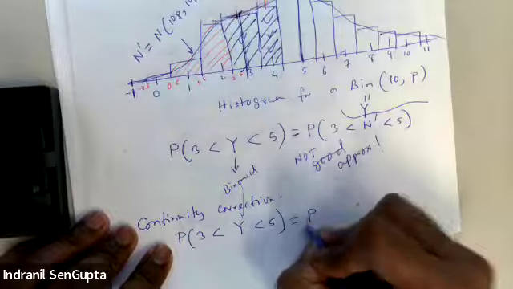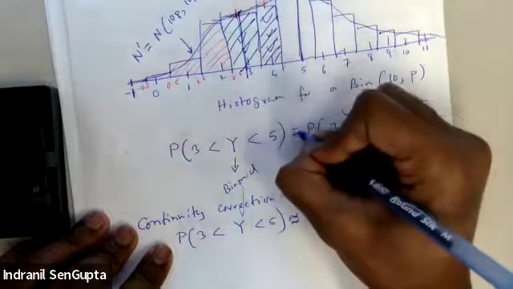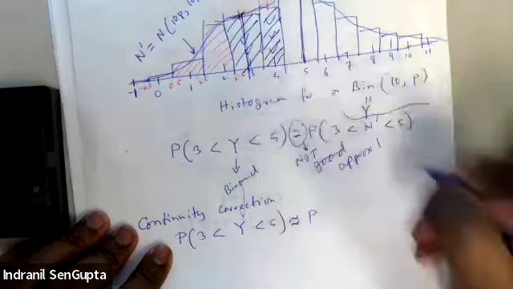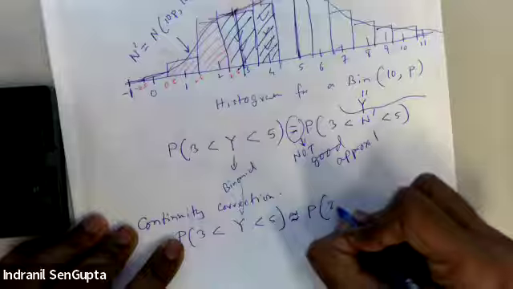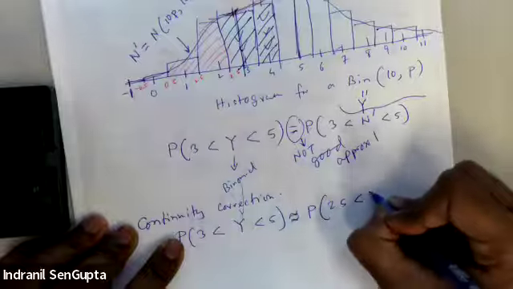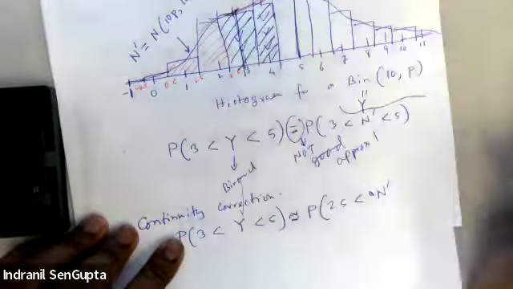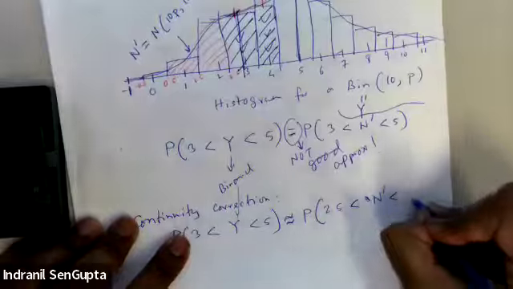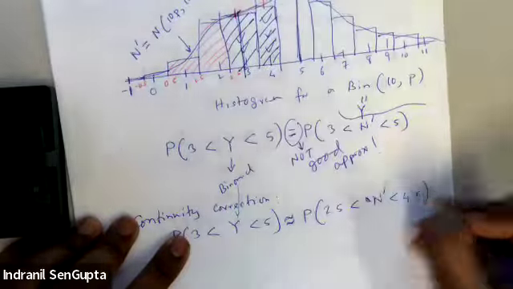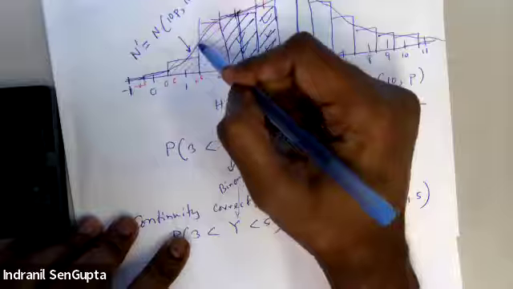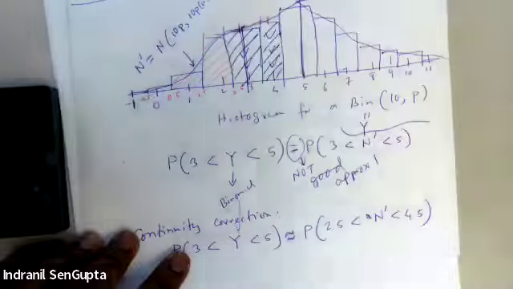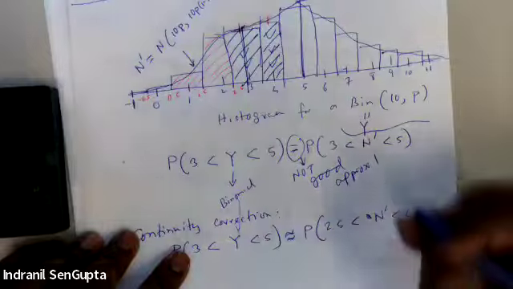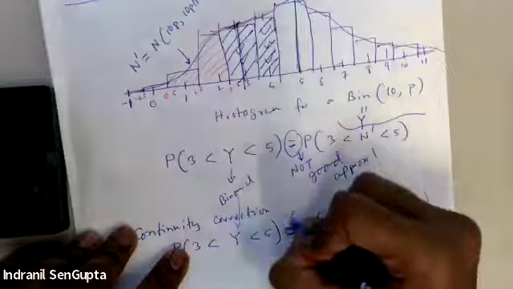So it is approximately the same as 2.5 less than n prime, for this bigger curve, less than 4.5. Why 0.5? Because the normal approximation is going through the halfway point of these histogram bars. Hence you see that this is a better approximation.